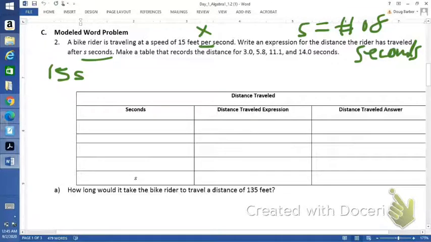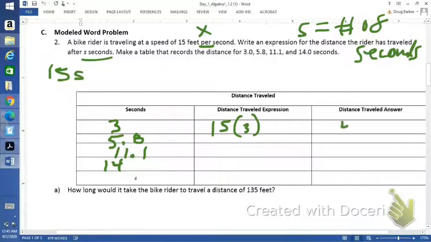Alright, so 3 seconds, 5.8, 11.1, and 14. I'm plugging these in for s. And this is going to give me distance traveled.